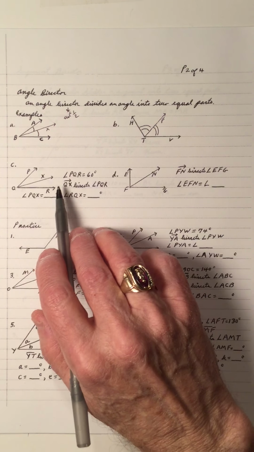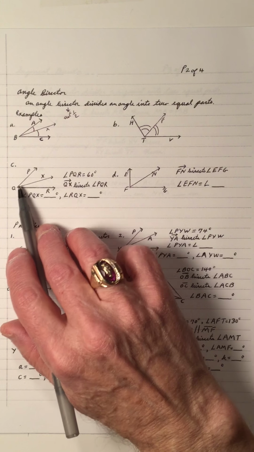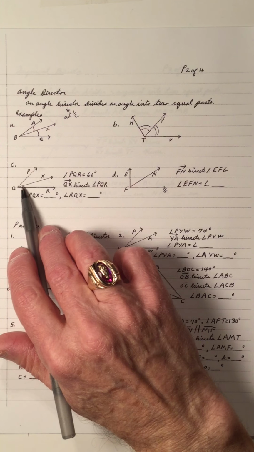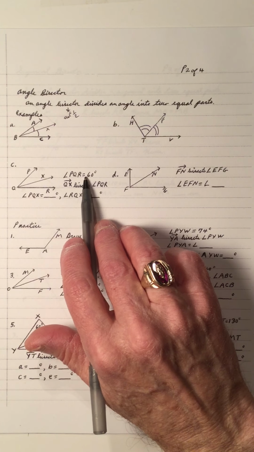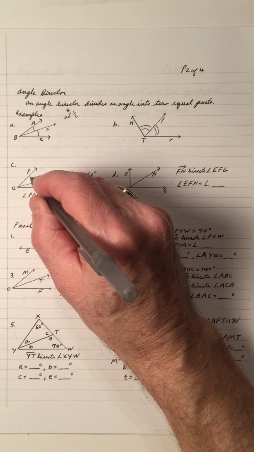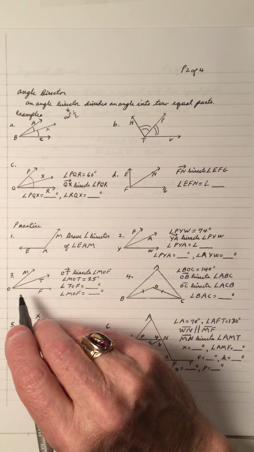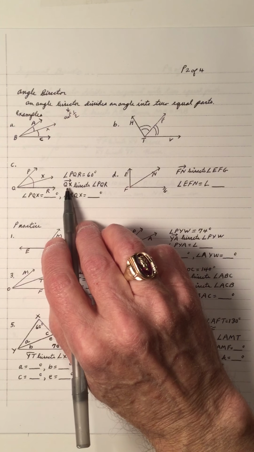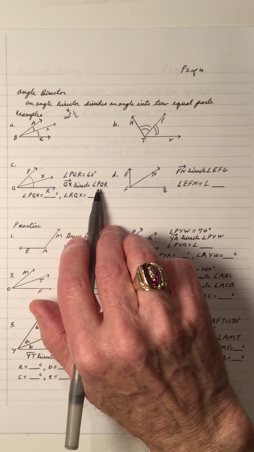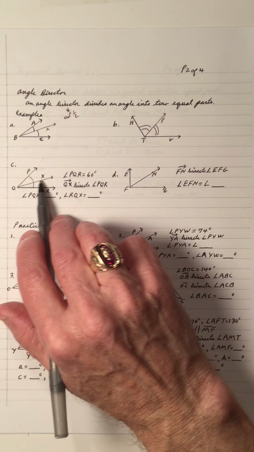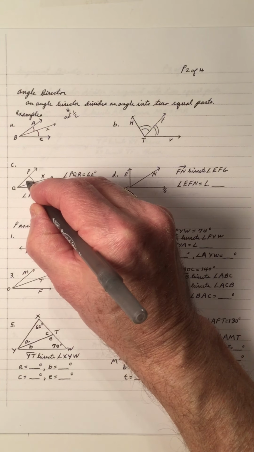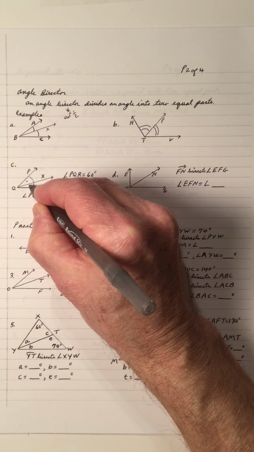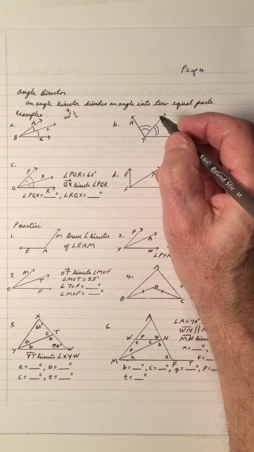C, we have an angle PQR. We have a ray coming out through here, and it says PQR is 60. So this big angle here is 60 degrees. It says that QX bisects the angle PQR. So that means that this angle and this angle are equal because of the bisector.